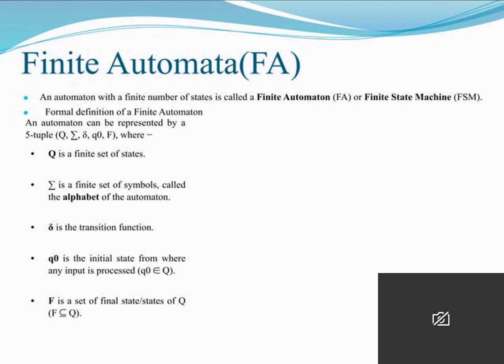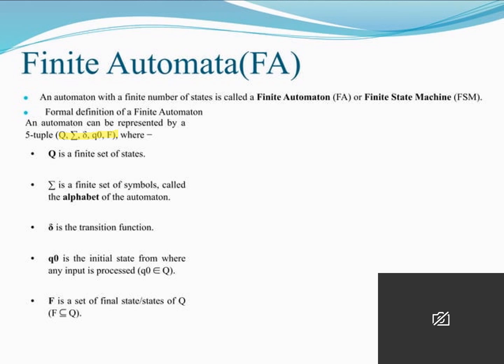The first topic here is finite automata. Finite automata is otherwise known as finite state machines. A finite automaton can be represented by a 5-tuple. The 5 tuples are Q, sigma, delta, q naught and F. Here capital Q is a finite set of states.